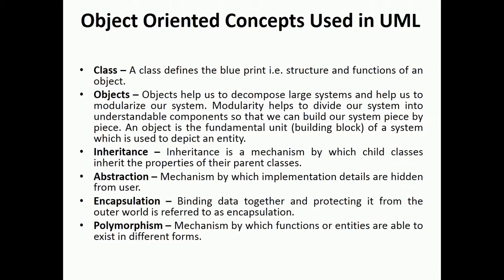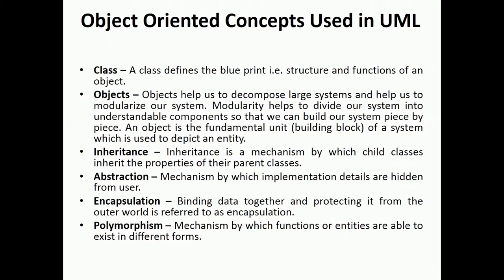Next is encapsulation: binding data together and protecting it from the outer world is referred to as encapsulation. The next is polymorphism. Polymorphism means a mechanism by which functions or entities are able to exist in different forms.